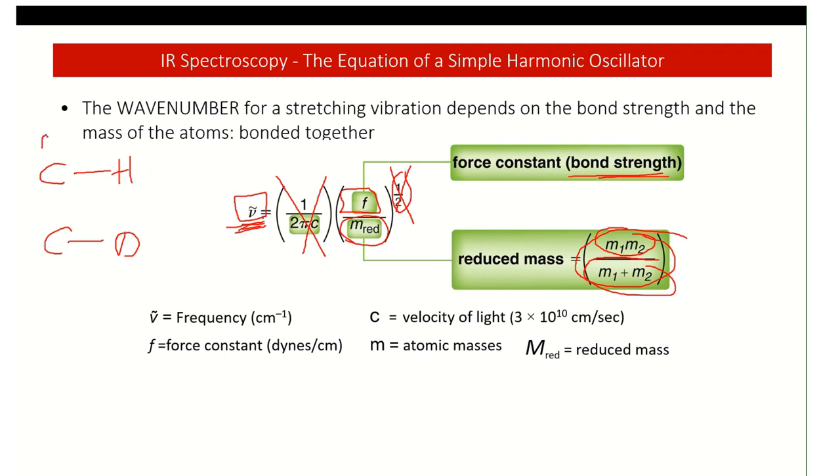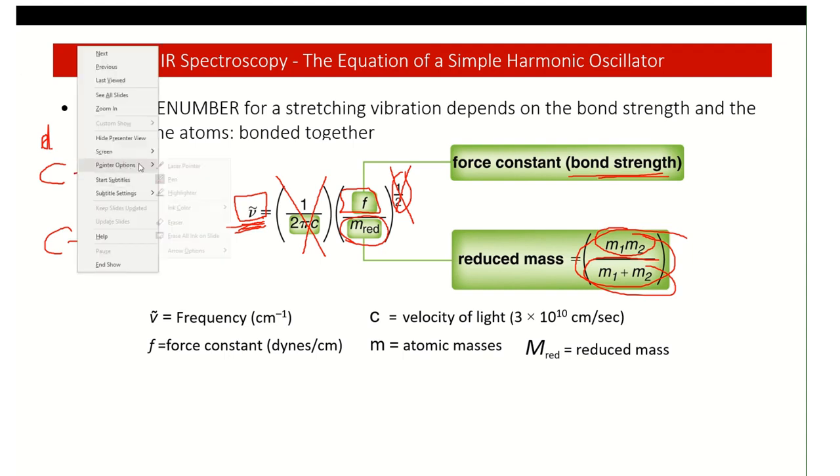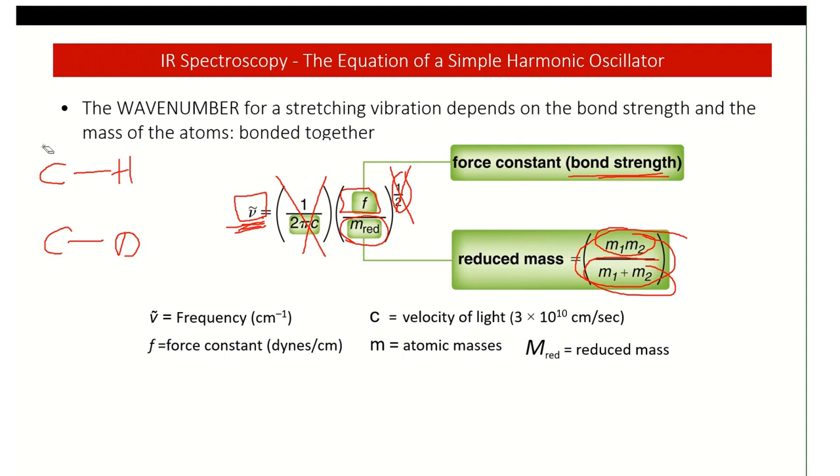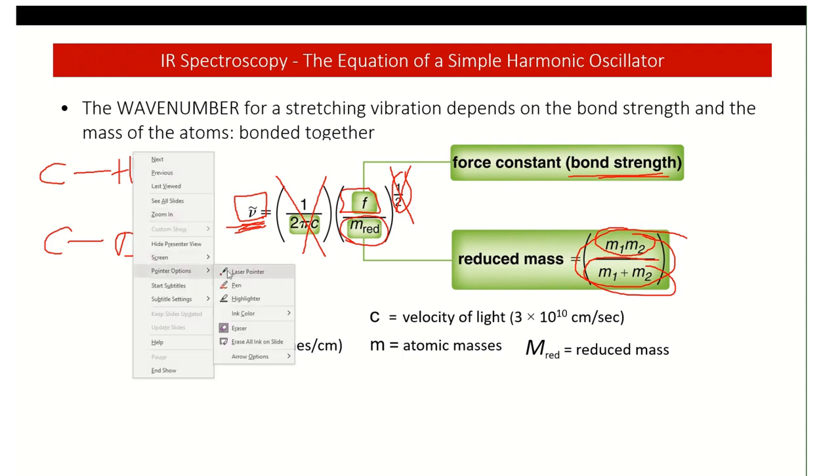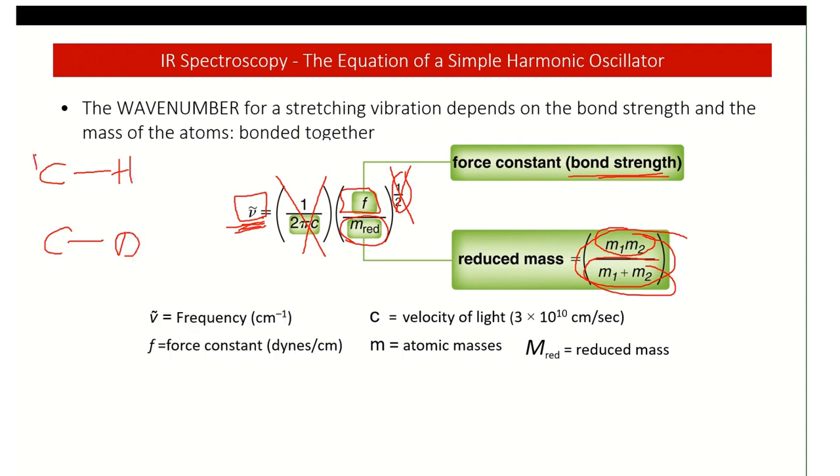This is of course mass 12. This is 1, this is 12, that's 2. So the product here for CH is 12, for CD of course is 24.